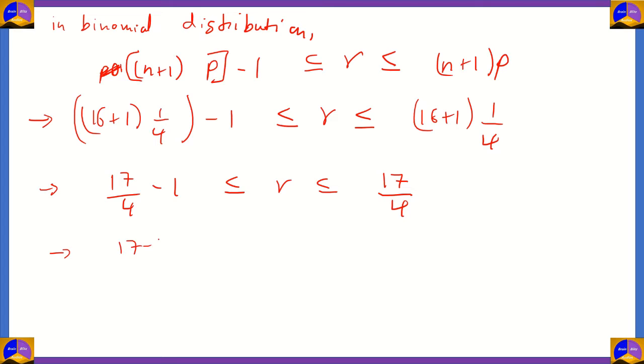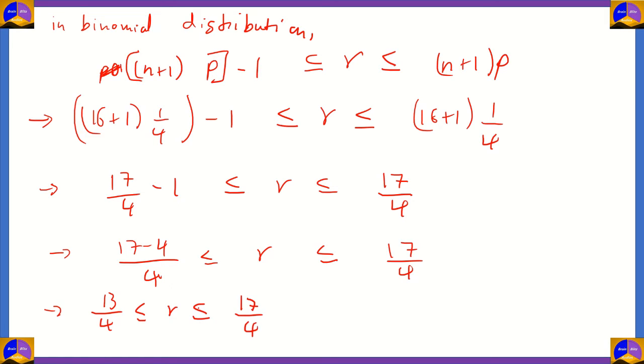So basically it's 17 minus 4 divided by 4, so we have 13 by 4 less than or equal to r less than or equal to 17 by 4. So the value of the mode ranges between 13 by 4 and 17 by 4.